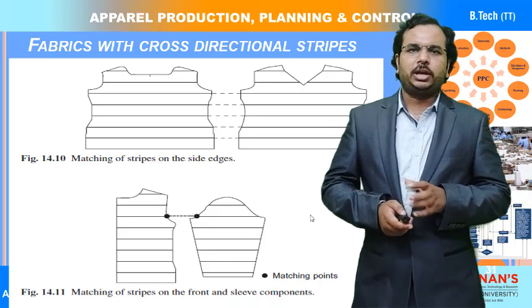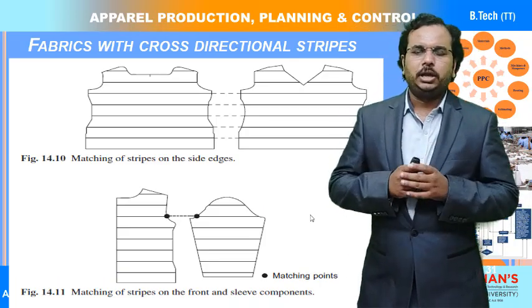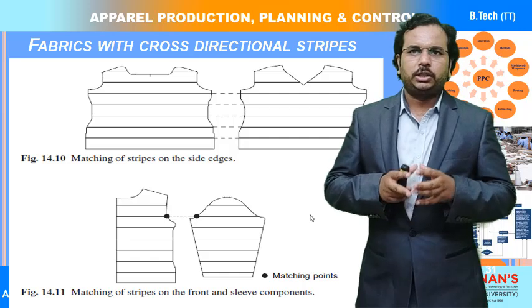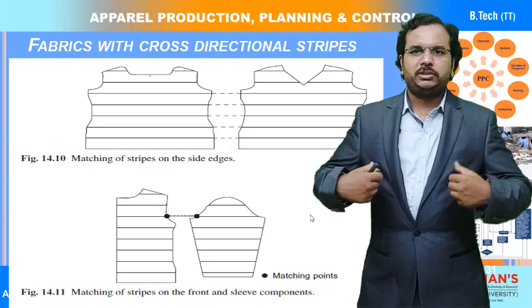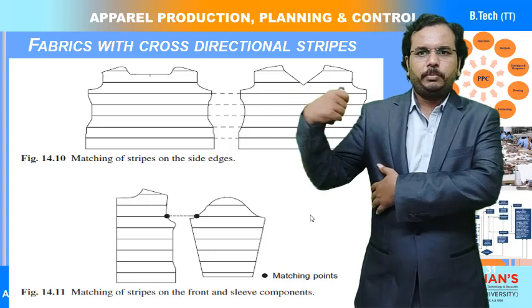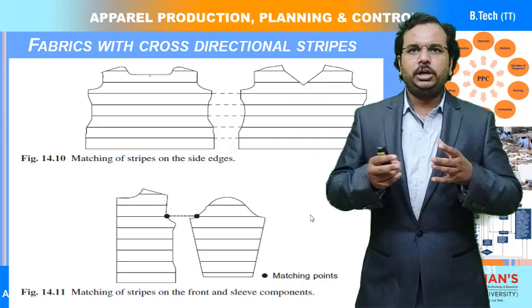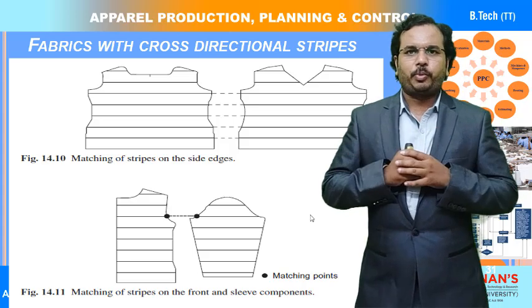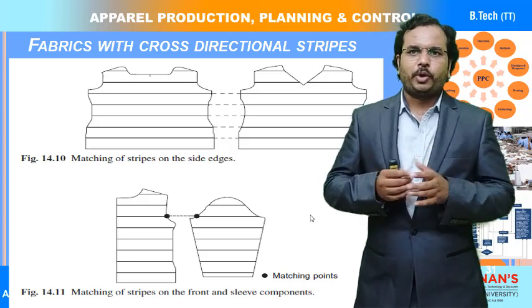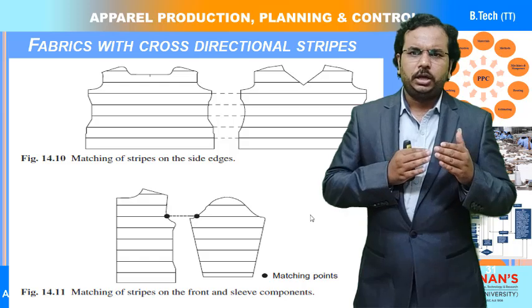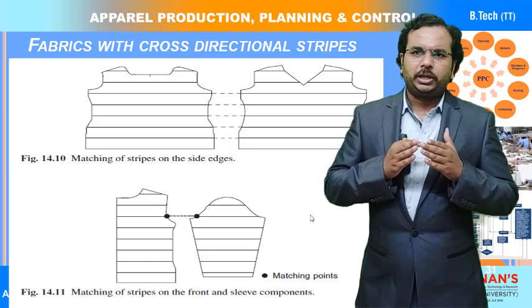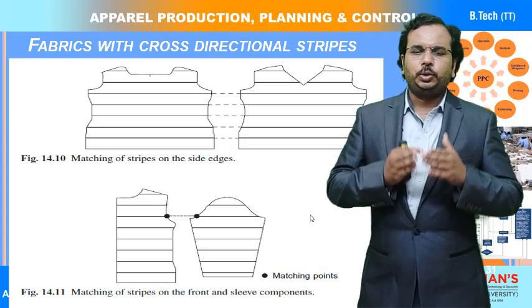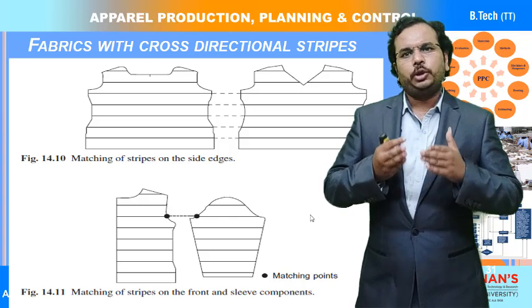And you can observe that there are some points for matching stripes on the side edges. For example, if you want to match the front bodies to the back bodies, then you need to have some matching points. The matching points are where you give notches or particular cuts in the panels or in the pattern.